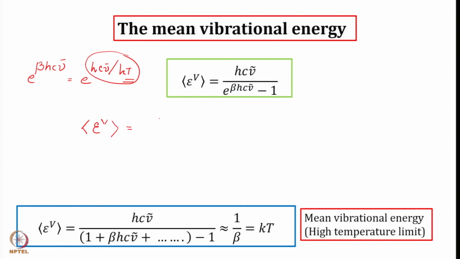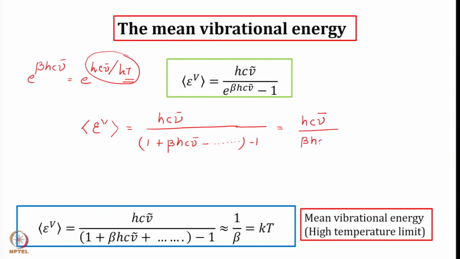is equal to hc nu bar divided by, now the temperature is high, so I can expand this 1 plus beta hc nu bar plus so on, the squared quantity is divided by factorial 2 etc. minus 1, which is already there. So this will give me hc nu bar divided by beta hc nu bar.